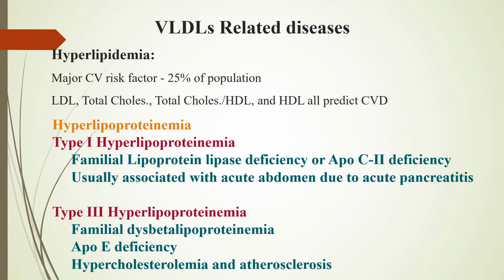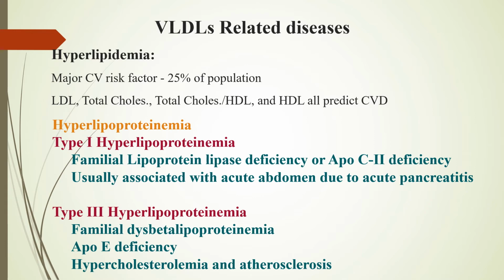Second category of these lipoprotein metabolism disorders is the hyperlipoproteinemia. We have two important types. Type 1 hyperlipoproteinemia, due to lipoprotein lipase deficiency, which is responsible for the metabolism of lipoproteins.